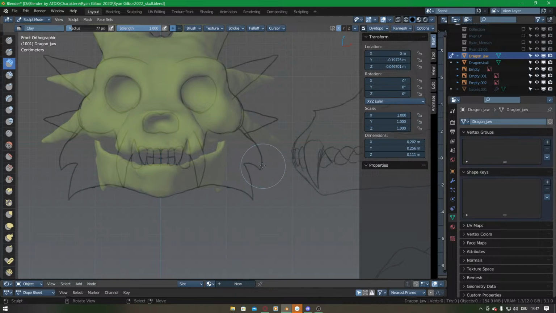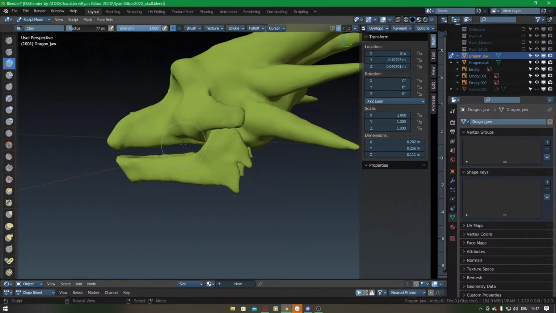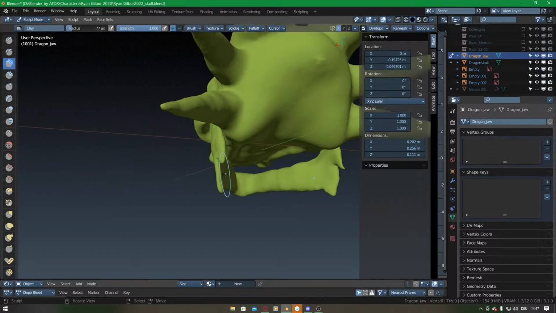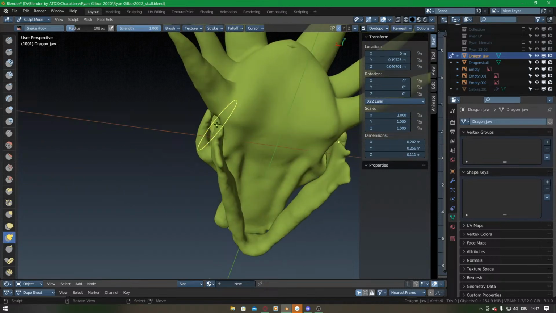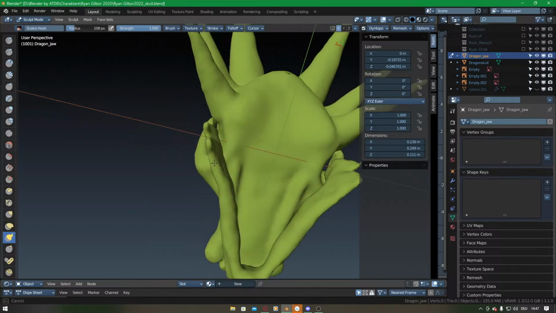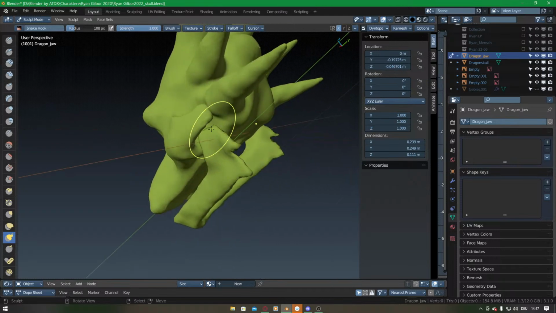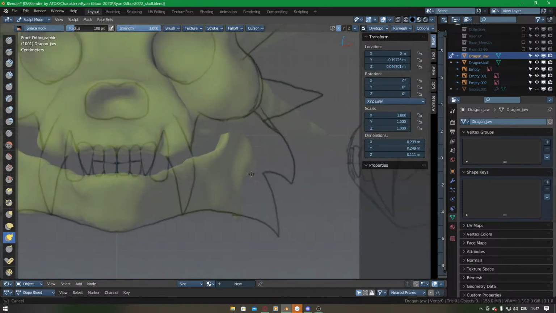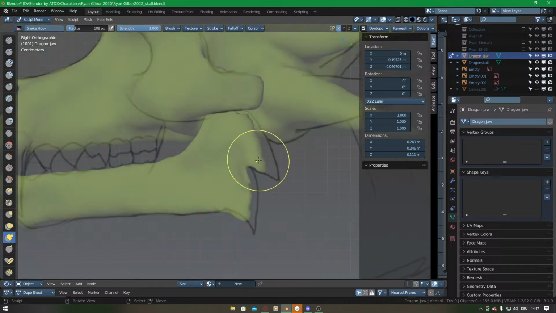Interesting. It points outwards very far. Okay. Question is, however, is that actually a good idea? I mean, anatomically speaking, of course.